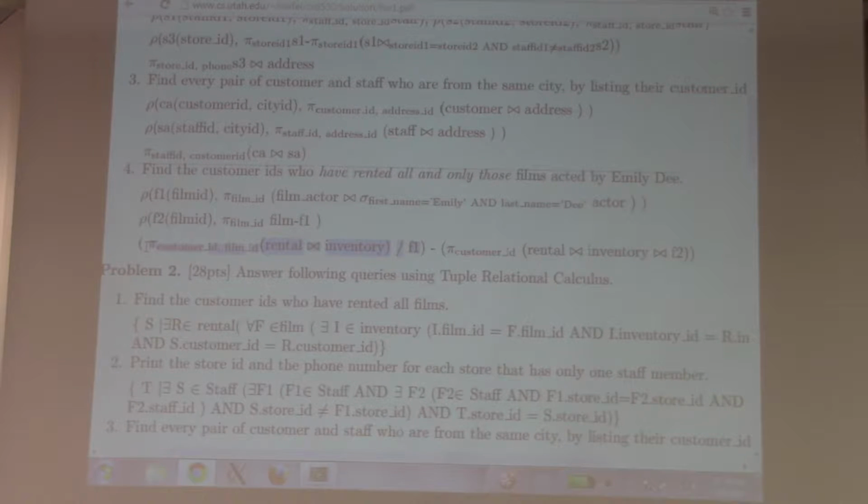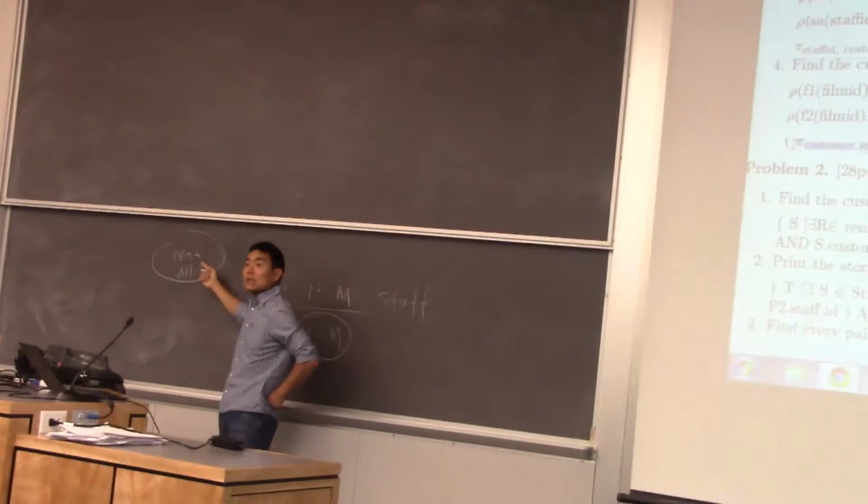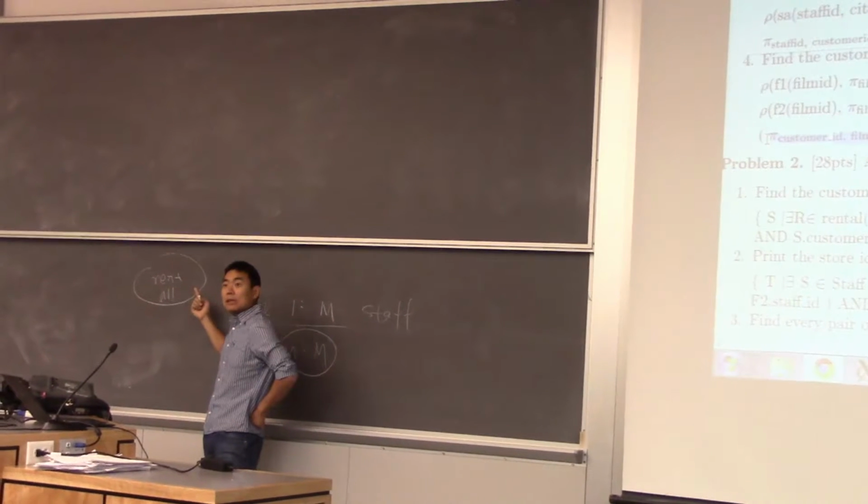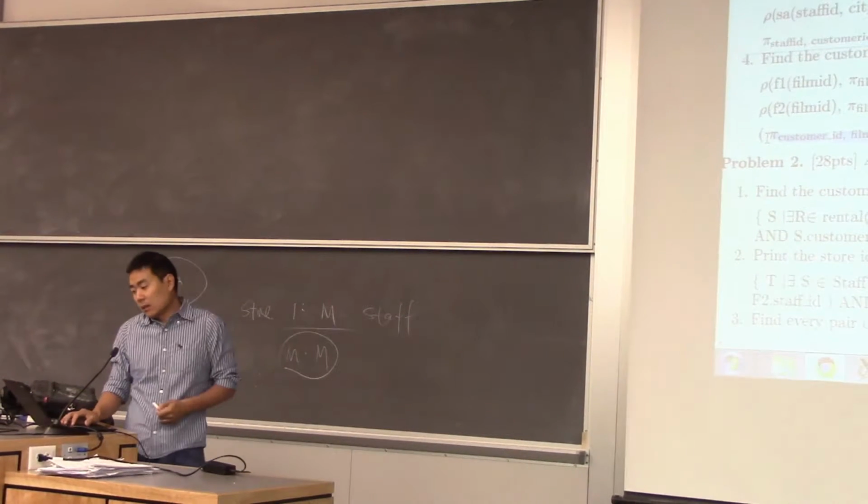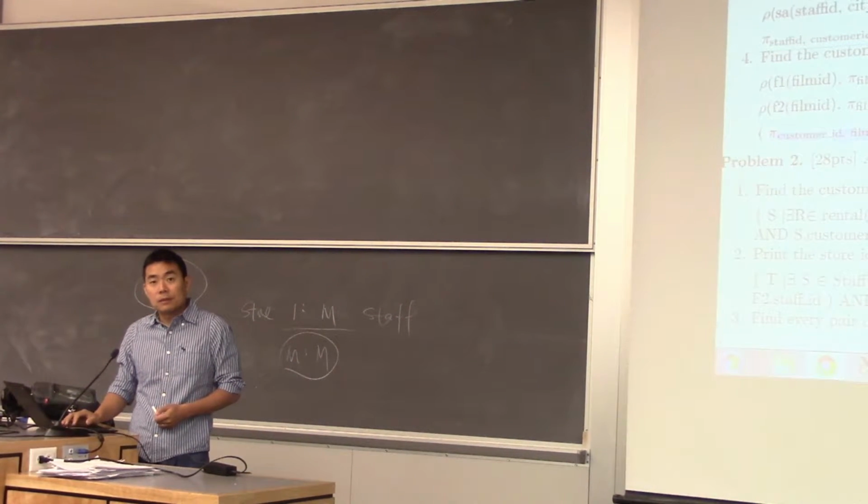You follow me? So what you want to do is, you find the set of those people who have rented all films by Emily D. That's essentially this first part over here.